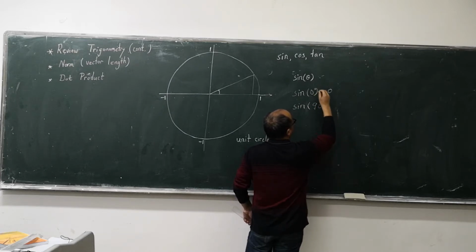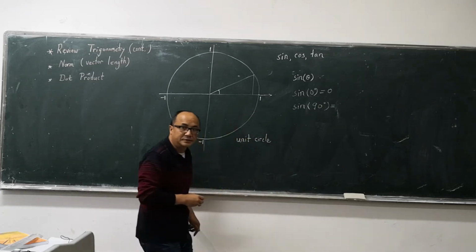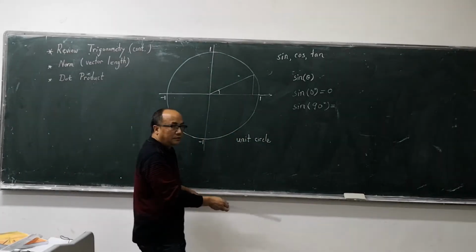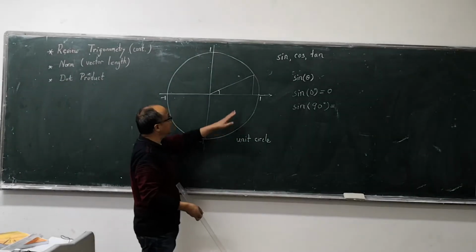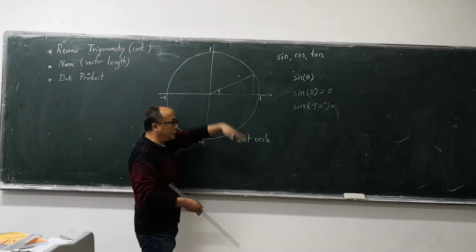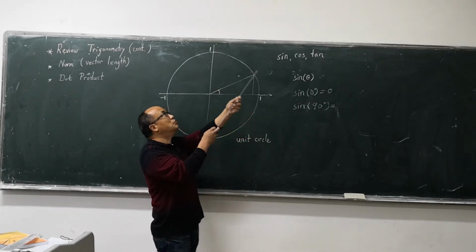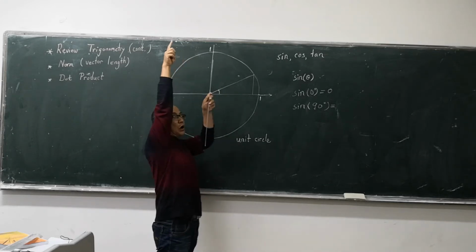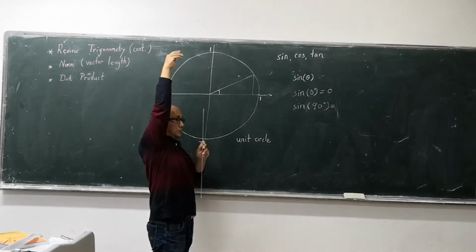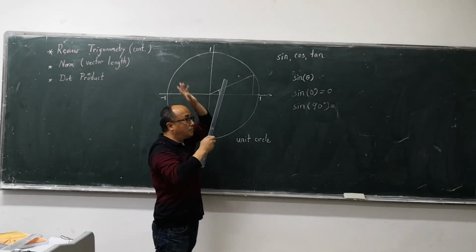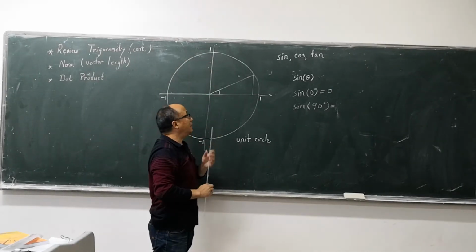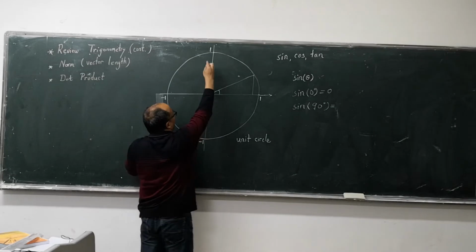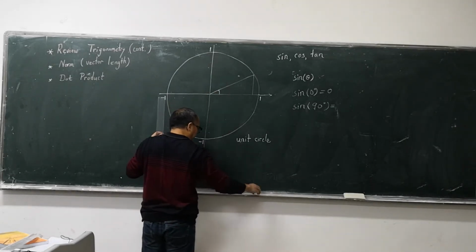Here I'm saying degrees, okay? What's sine 90 degrees? It is 1, because now the movie screen is hanging from the top to here, right above my head.